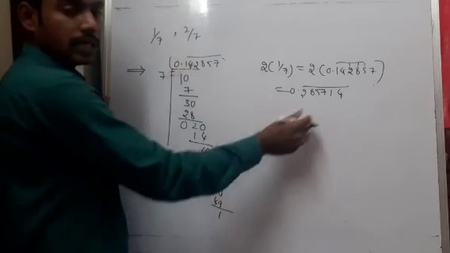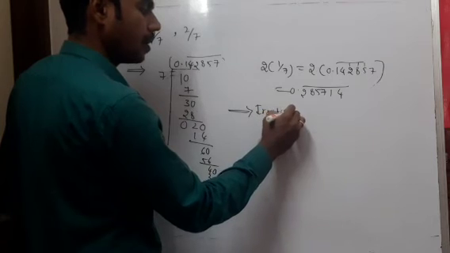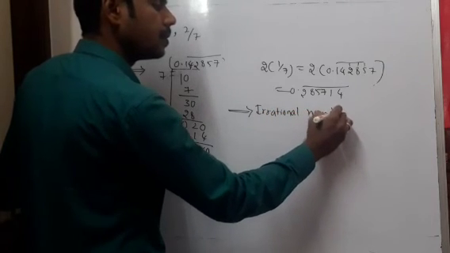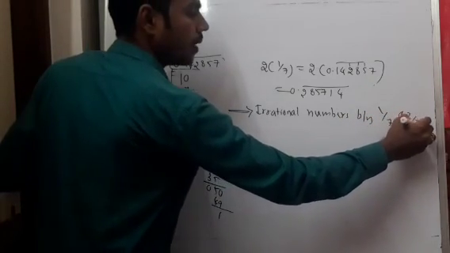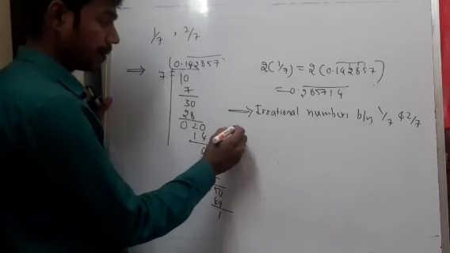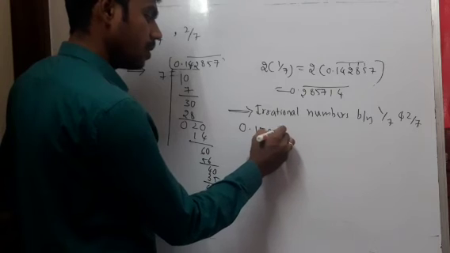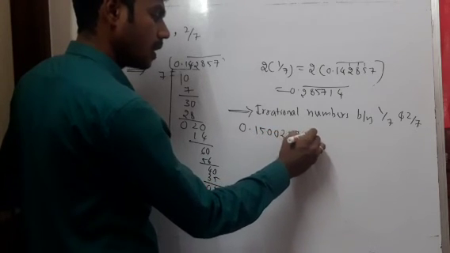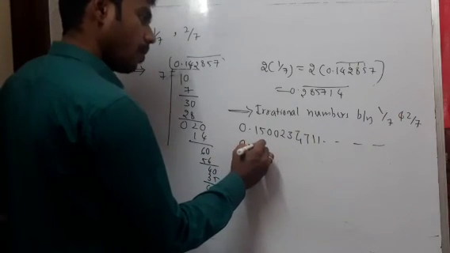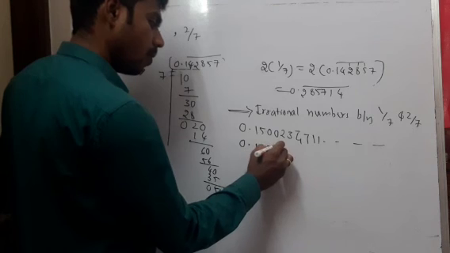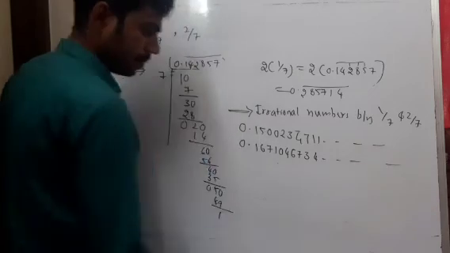So we need to write an irrational number between these two decimal expansions. The irrational numbers between 1 by 7 and 2 by 7 can be written as 0.1500234711 and so on, or else 0.1671046734.